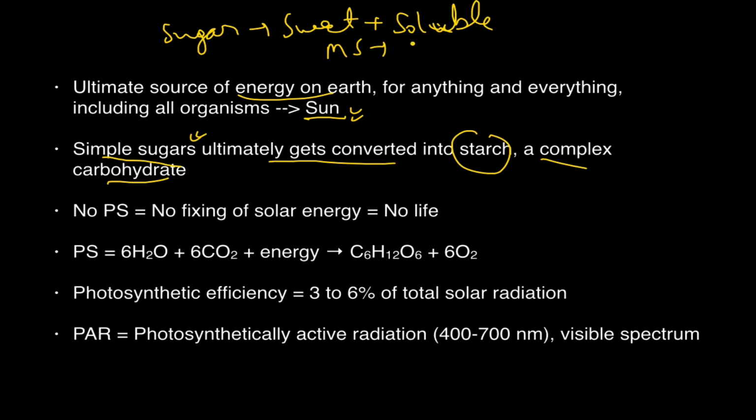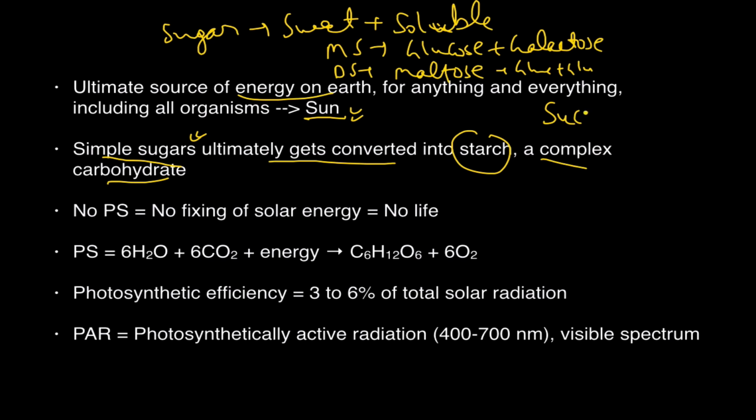Monosaccharide means it has only one sugar component. Examples are glucose, galactose, and others. In case of disaccharide, an example is maltose, which is nothing but glucose plus glucose. Then you have the table sugar that we eat, called sucrose.